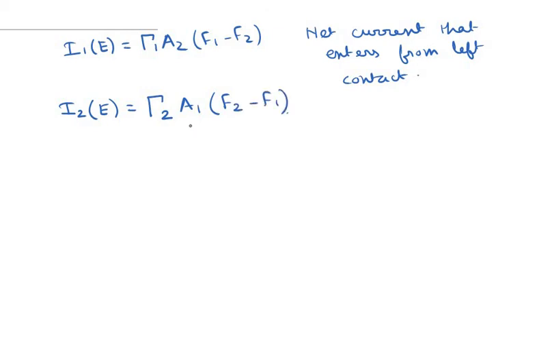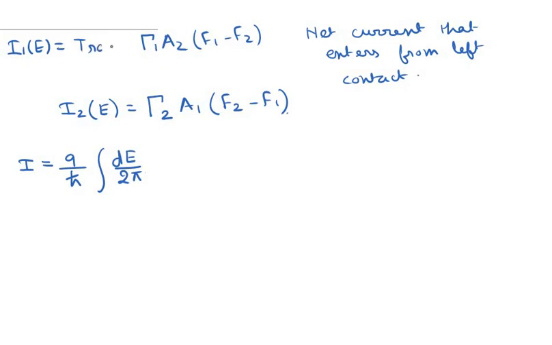Okay, so when we talk about the total current, this basically becomes I is equal to, so if we consider the charge current, this is equal to Q by H bar integral of dE divided by 2 pi. So we have a trace here actually, which I forgot to write, so this should be the trace of this matrix, and this one is also the trace.